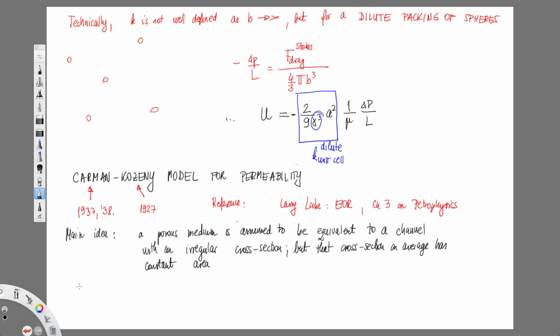So my hydraulic radius, R_H, is basically this cross-sectional area open to flow divided by a wetted perimeter.